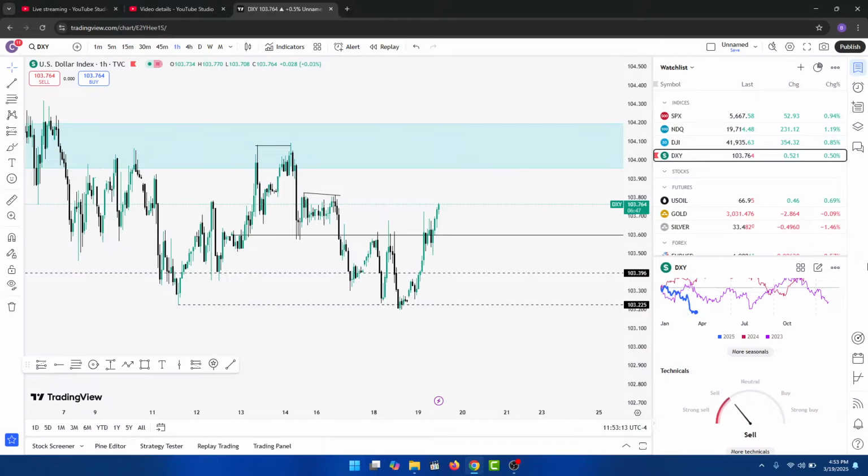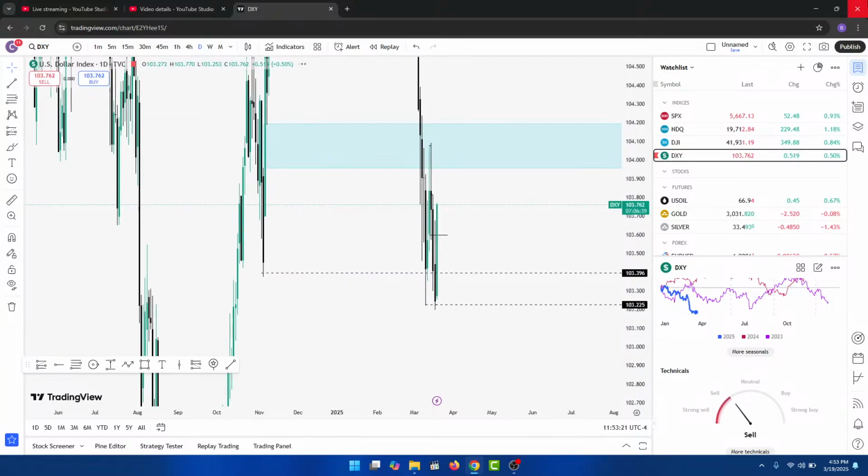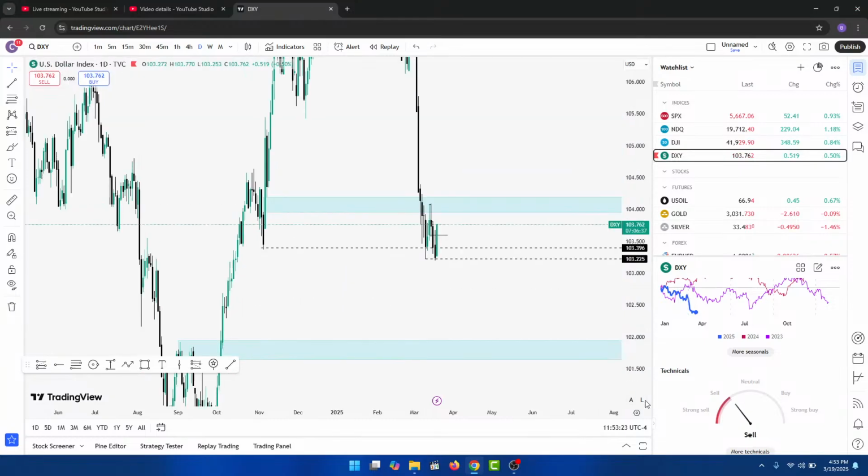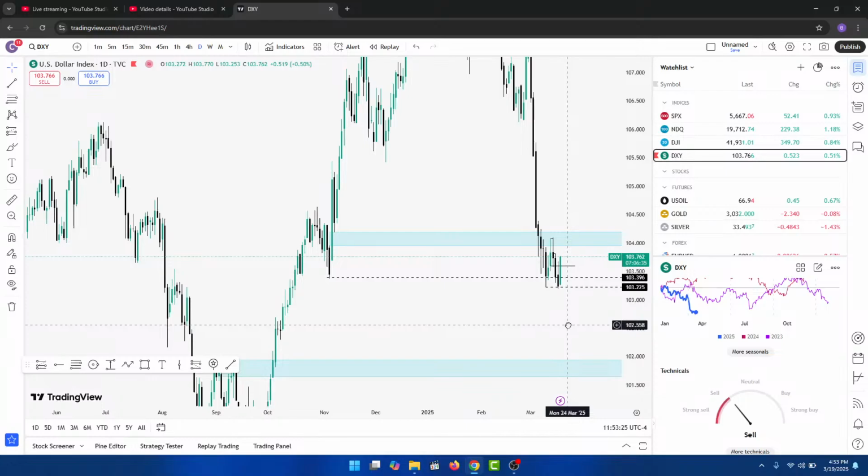And today I'd just like us to take a look at the daily time frame for the dollar index, because the benchmark is set for all the dollar and dollar associated currency.